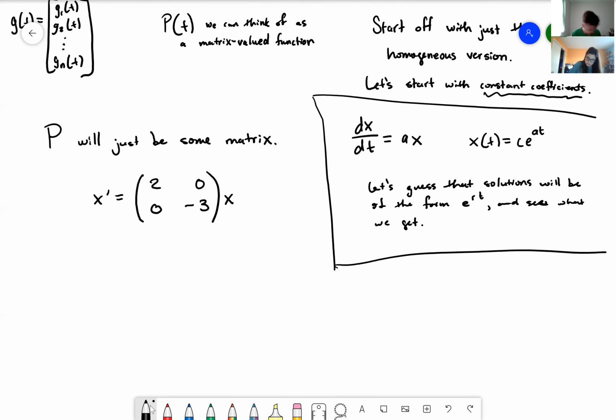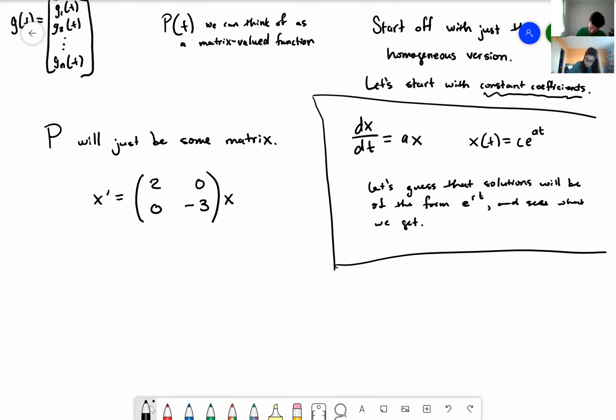And one thing I didn't note, and I'm going to do this without proof, is that when we had the nth order linear homogeneous equation, our general solution involved just linear combinations of a fundamental set of solutions. And if it was second order, then we had two fundamental solutions that we wrote everything else in terms of. Multiplied the first one by a constant, the second one by a constant, added them together, and we get all the possible solutions.